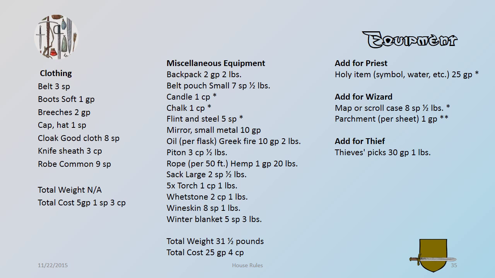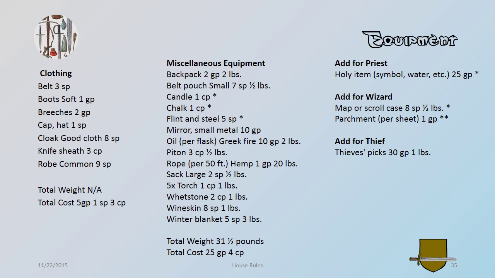Some equipment that I recommend: clothing. If you want to just pick clothing and write it down and not charge your character depending on the money that you have, I don't have an issue with that. Everybody's going to be wearing clothes. This is pretty much the starting clothes that I allow. If you pick the common robe, then you wouldn't have the breeches, and I just noticed I didn't have the shirt on there, but you'd have a shirt or a tunic.